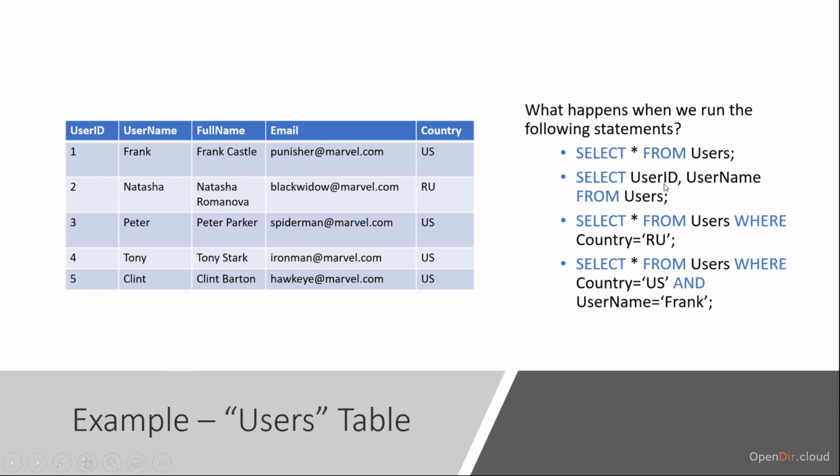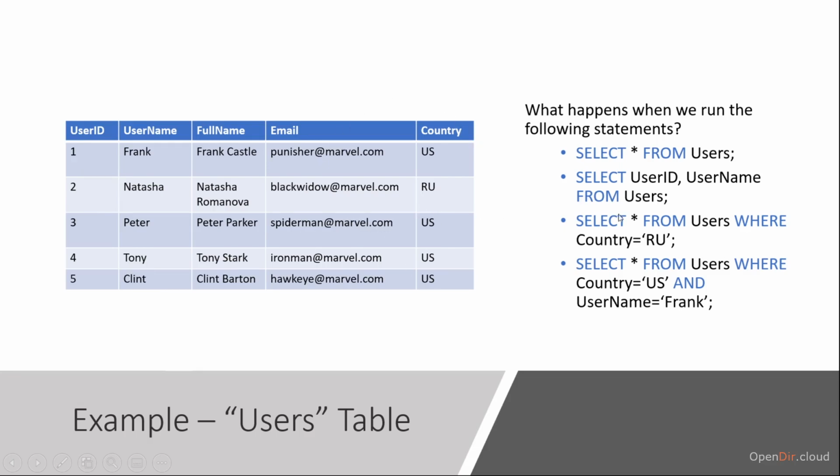So if we select everything from users here, we're going to select this entire table. If we want to select user ID and username from users, well, guess what? We're going to just pull down this column and this column. So we'll pull down user ID and username, and we won't pull down any information from here.